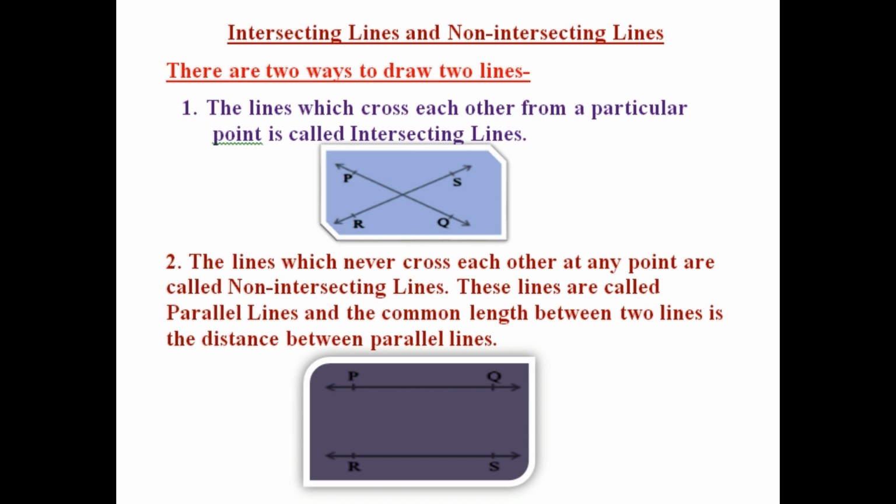You see the diagram. For example, railway tracks are always parallel. So you have to remember this concept, very important. Clear? Intersecting lines and parallel lines are very important.